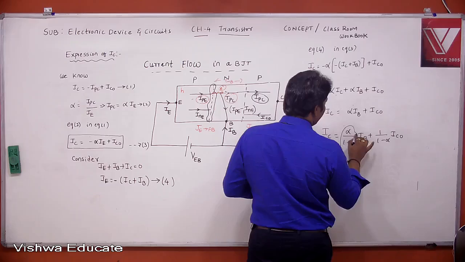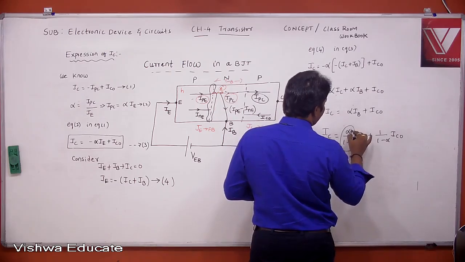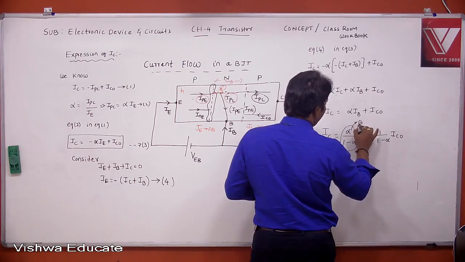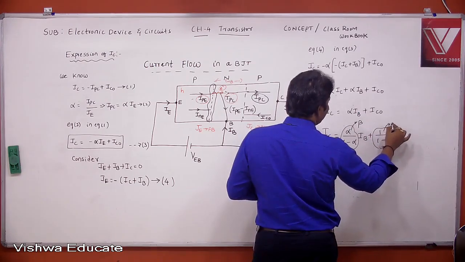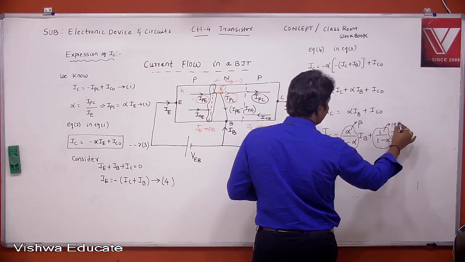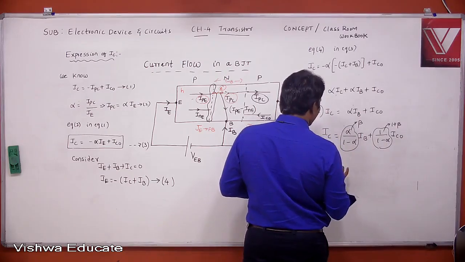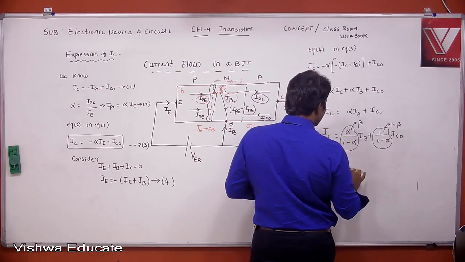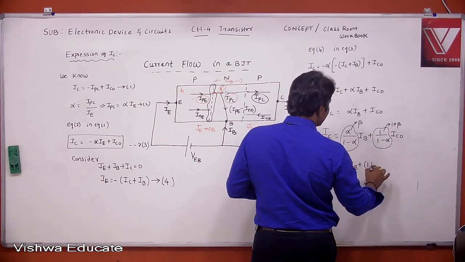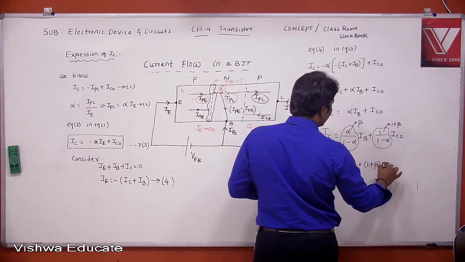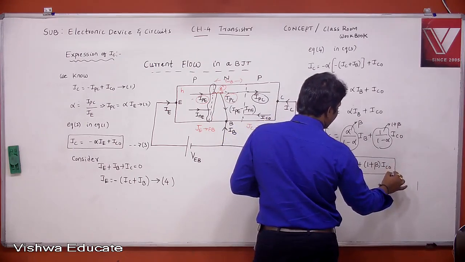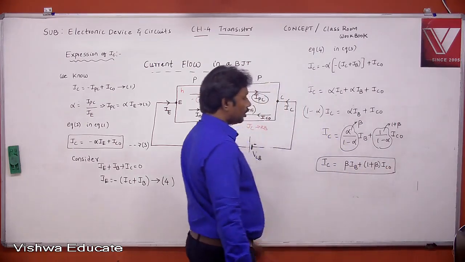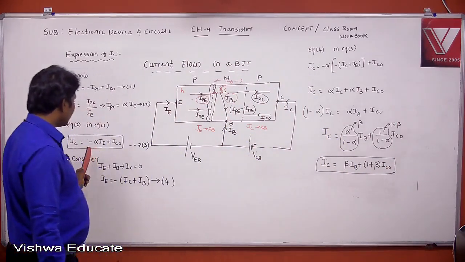What is the value of alpha by 1 minus alpha actually? This is simply beta. What is the value of 1 by 1 minus alpha? This is simply 1 plus beta. Now what will be the collector current actually? IC is equal to beta times IB plus 1 plus beta into IC naught. This is the collector current in terms of beta. The earlier one is the collector current in terms of alpha.